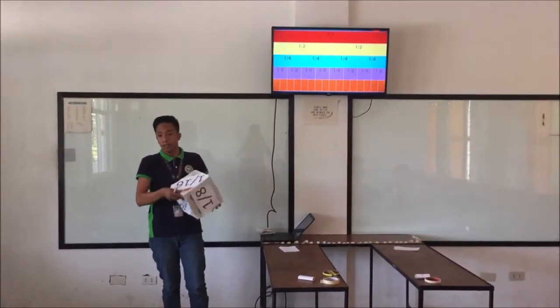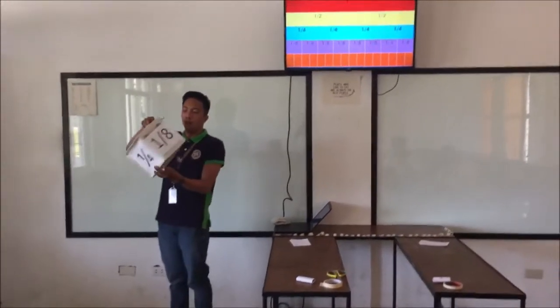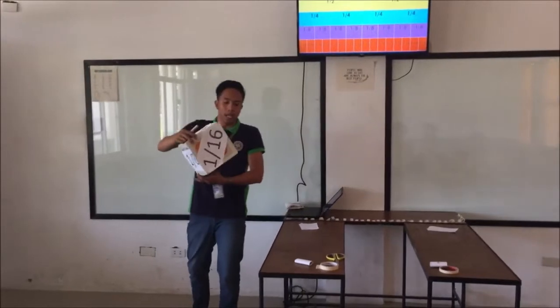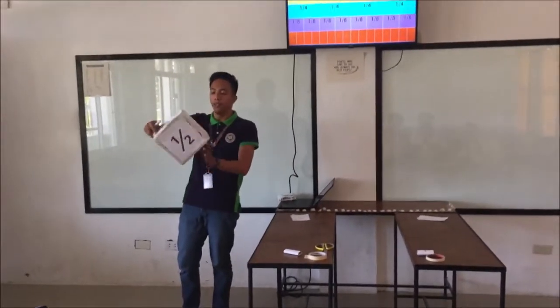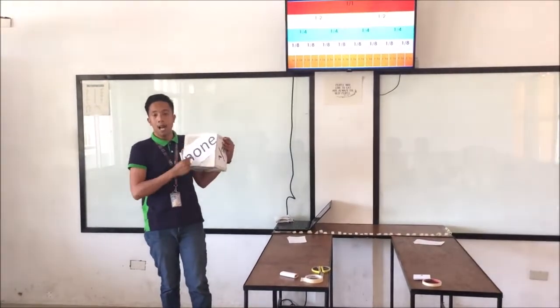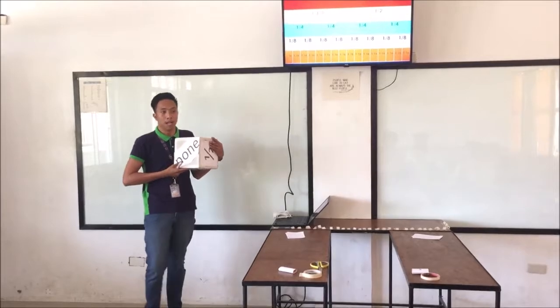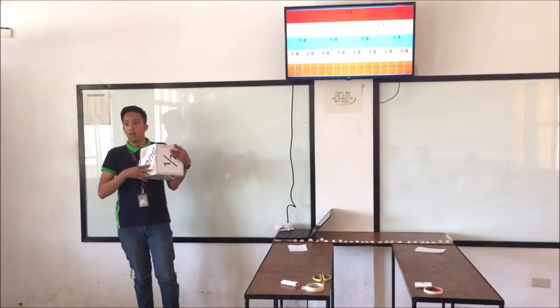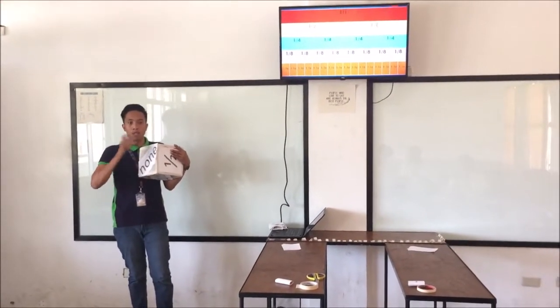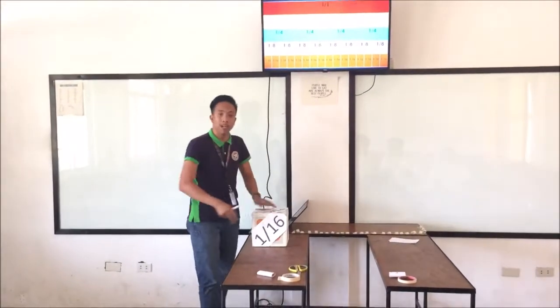The die is composed of 6 faces: 1/4, 1/8, 1/16, 1/2, another 1/8, and the none. None means you will lose your turn. That means you will no longer put something in the blank. Let's start. Are you ready?